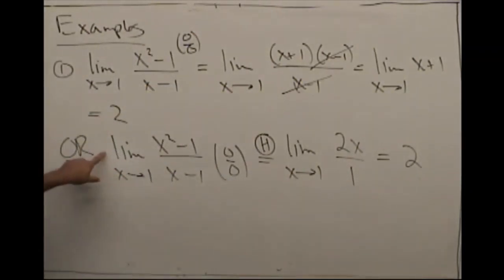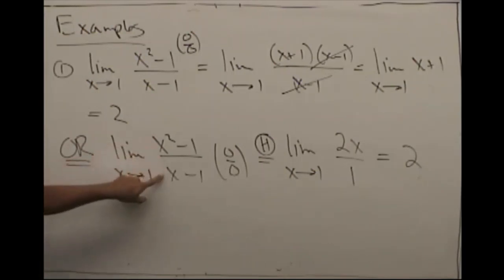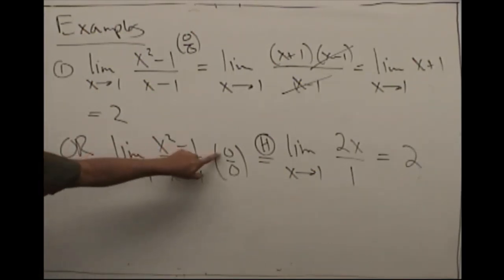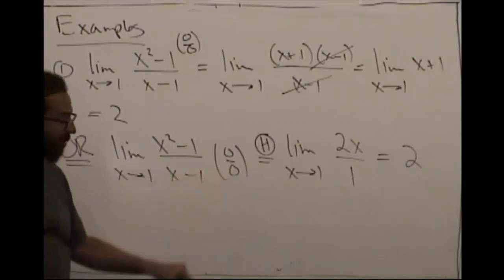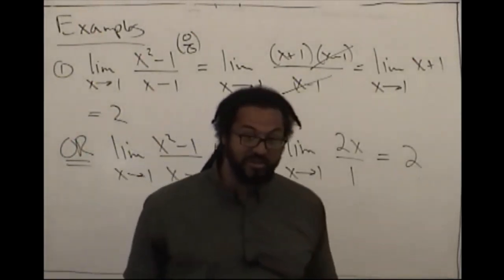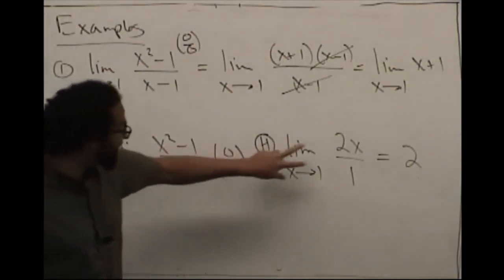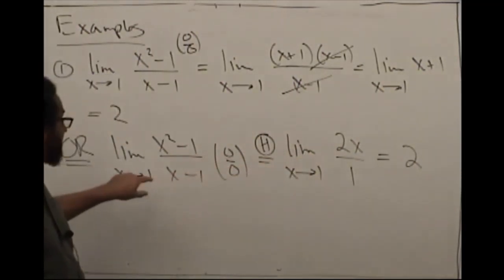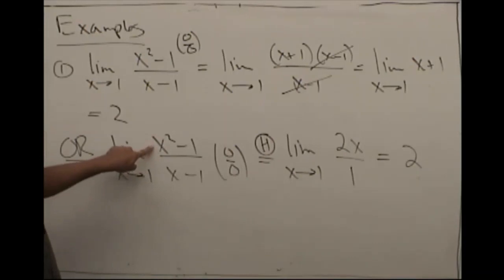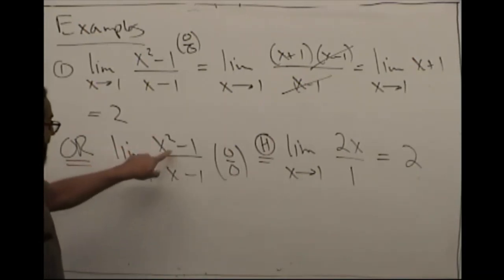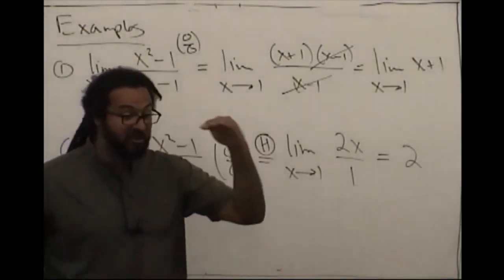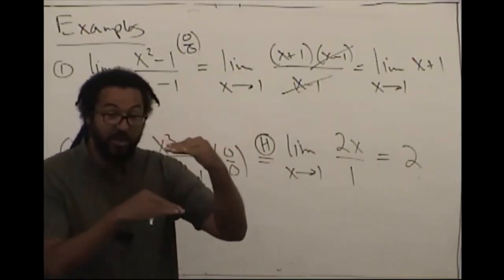So now, what about the limit as x approaches 1 of x squared minus 1 over x minus 1? Again, the indeterminate form 0 over 0 says that L'Hopital's rule does apply, because both of these limits should exist, right? So we can just take the derivative of the top and the derivative of the bottom, not the quotient rule.